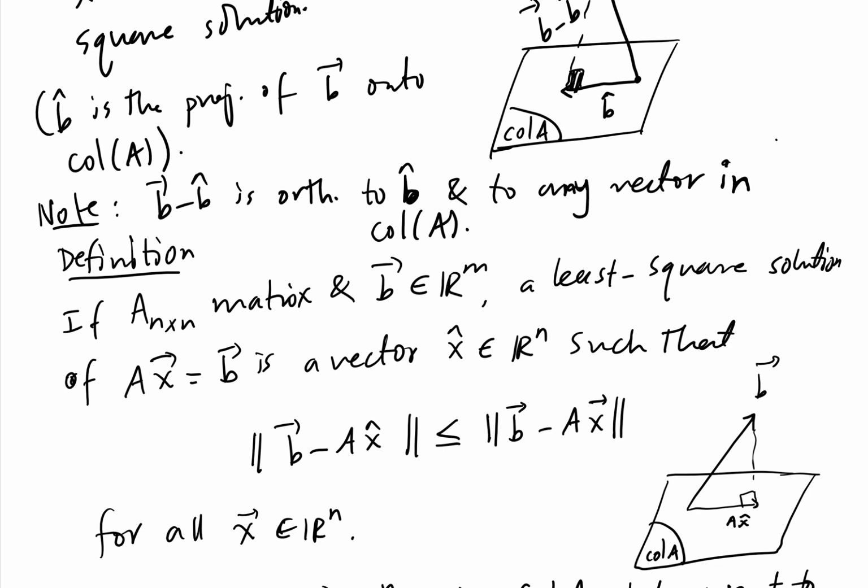But for any other x, maybe you have Ax here, or maybe you have Ax there. So Ax hat is the projection. Think about it as the closest distance, which means the perpendicular distance. That's what this is saying. The distance between b and Ax hat is less than or equal to the distance between b and Ax, where x is any vector in Rn.